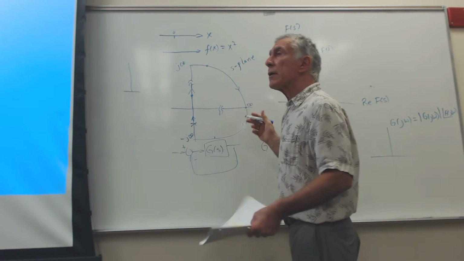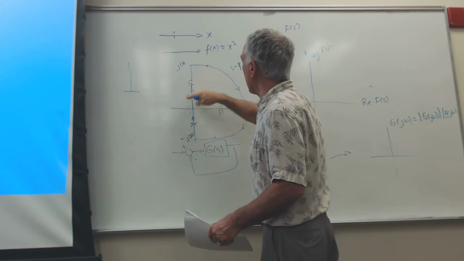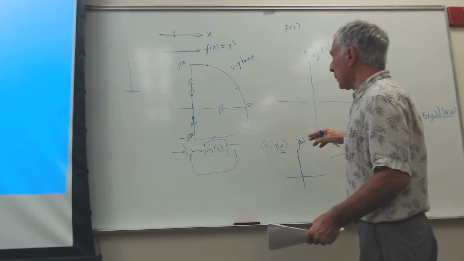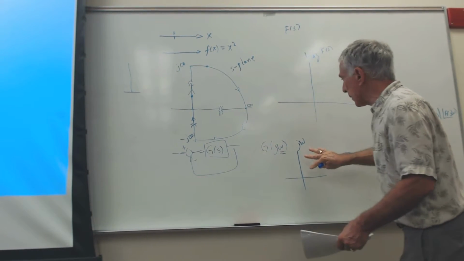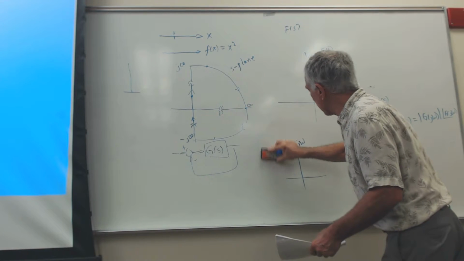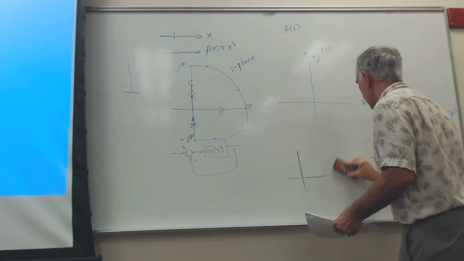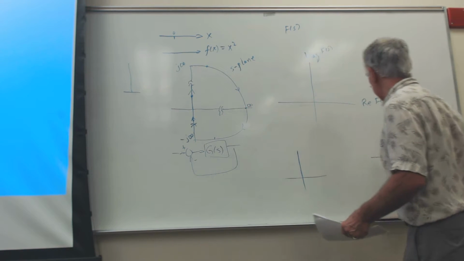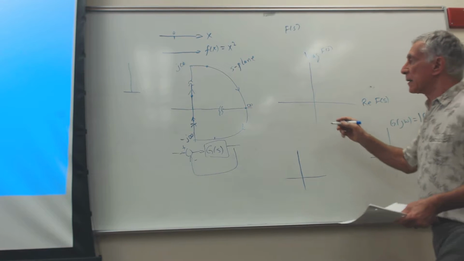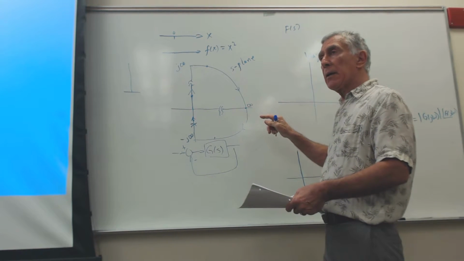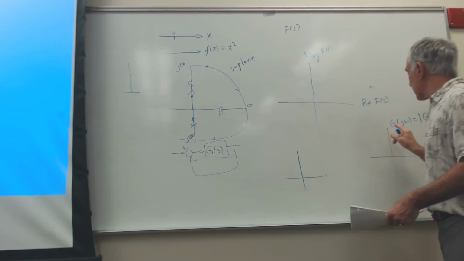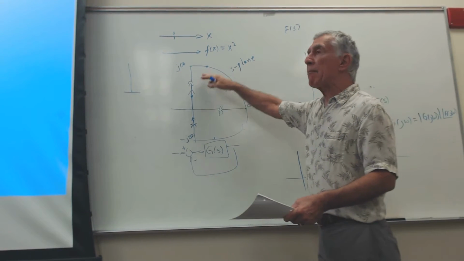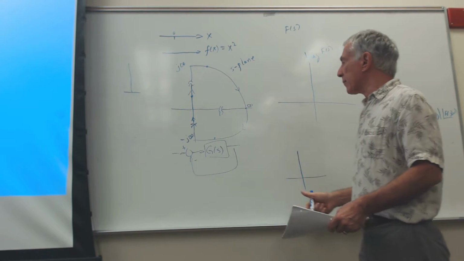And so really, if you map just the upper half of this contour into the GH plane, we're mapping the upper half. All we have to do to get the complete closed contour for G of S is to take the mirror image of what we got when we mapped the upper half. Okay.